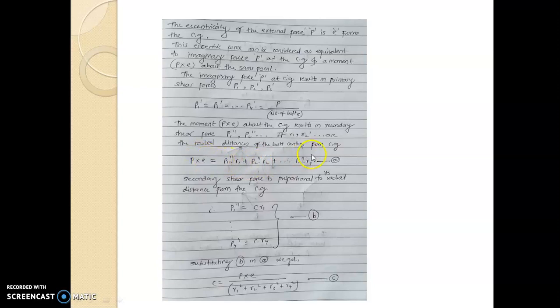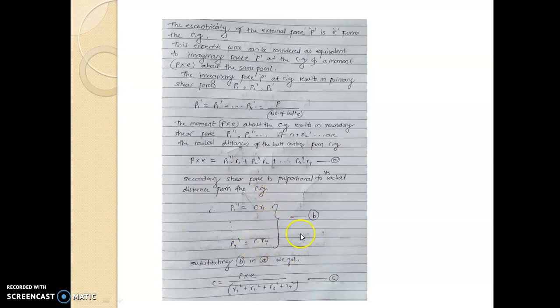Let's call this equation A. The secondary shear force is proportional to its radial distance from the CG. So P1 double dash will be equal to some constant C into R1, likewise up to P4 double dash equal to the same constant C into R4.